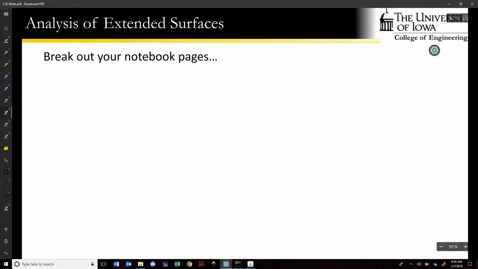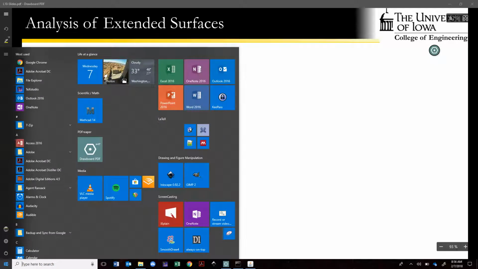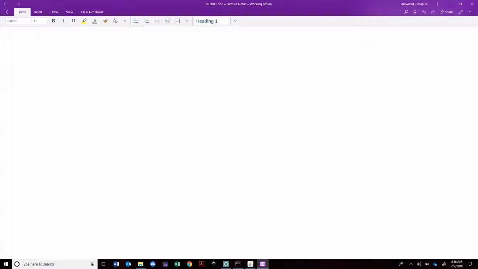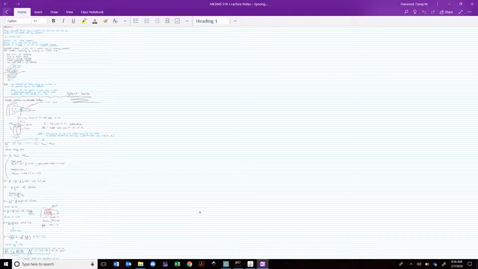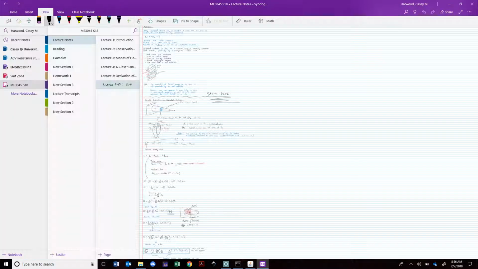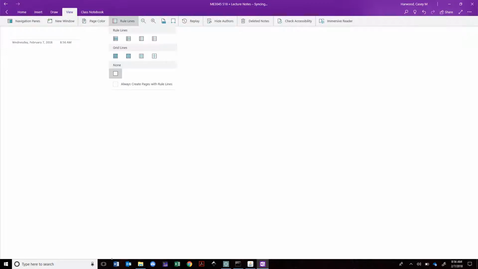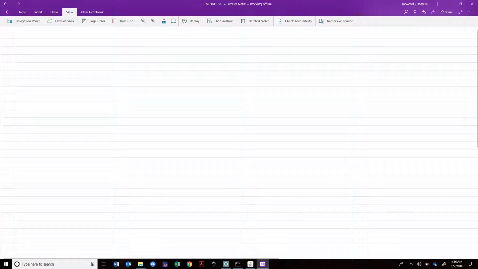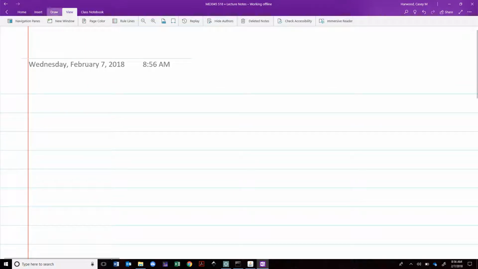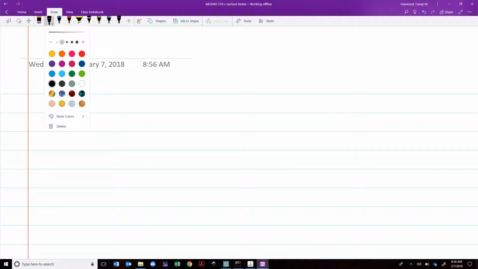All right, so we're going to step through this process exactly once, so you can see why the so-called fin equation is something that we've got to be aware of.